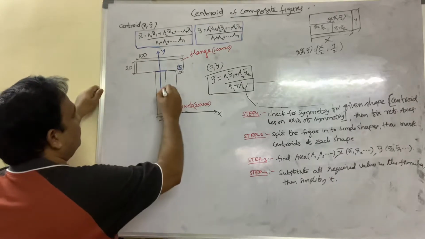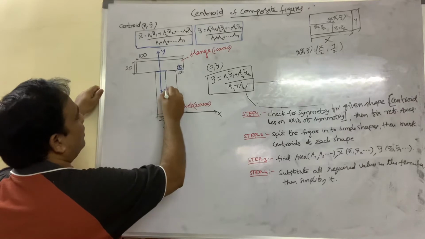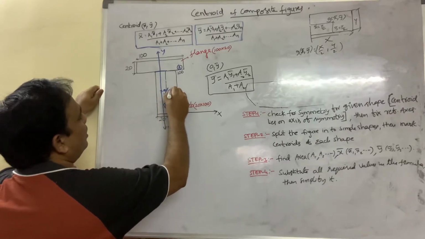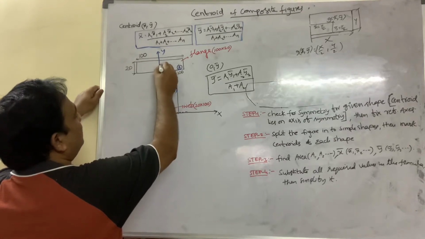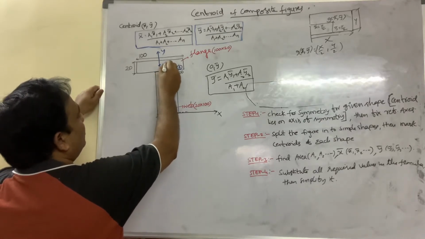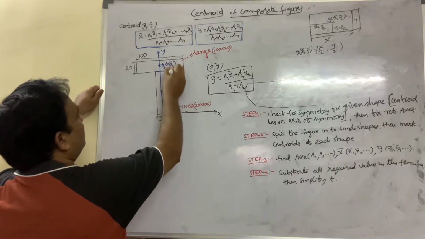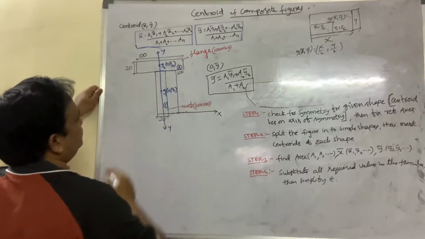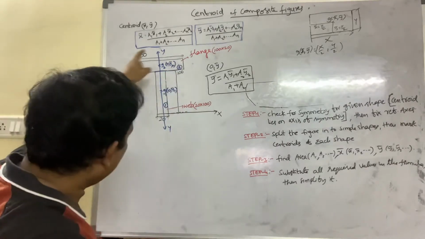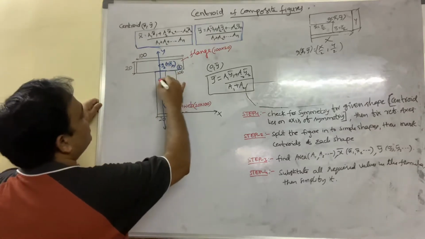For the first shape, let us say this is the centroid G1 with the coordinates 0 comma y1 bar. Let us say this is the centroid for the second shape with the coordinates 0 comma y2 bar. And for the whole figure, for the complete T section, there must be another centroid.